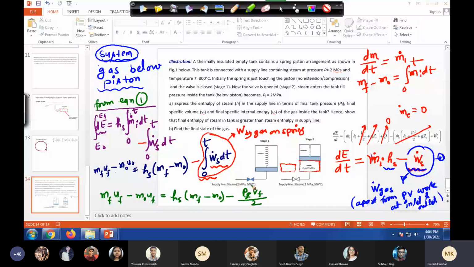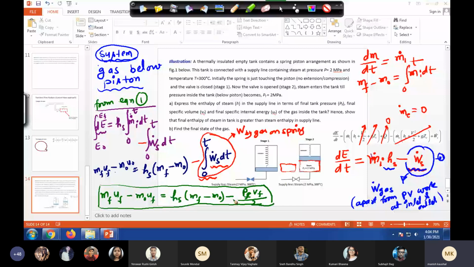Okay, fine. Now that's all. So this is our master equation. Now for this problem M naught is 0 because there was nothing in the system. So what will we get if we take M naught 0? Let's do it here itself.